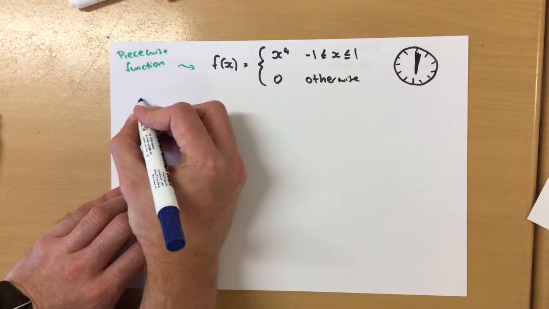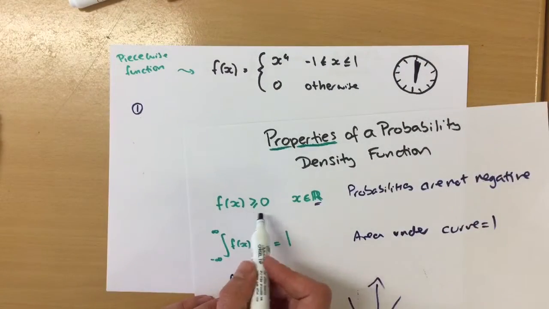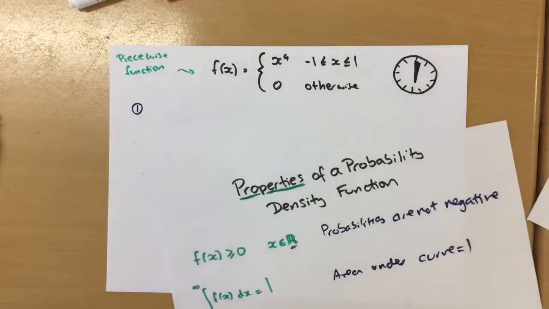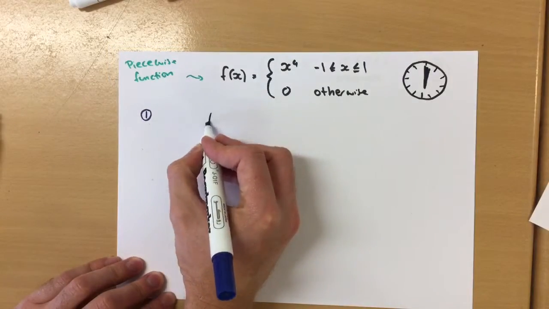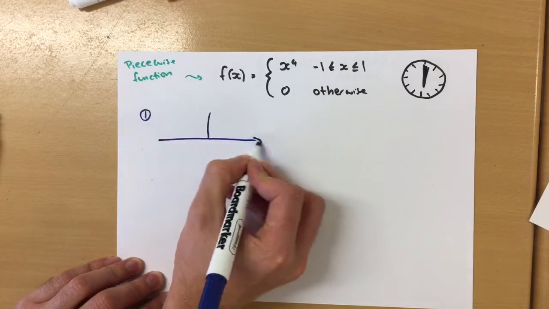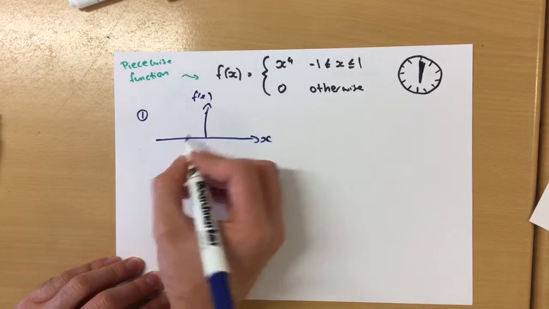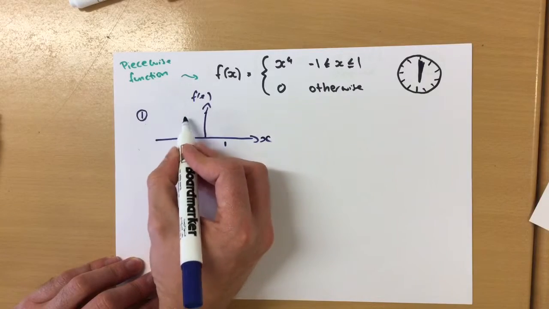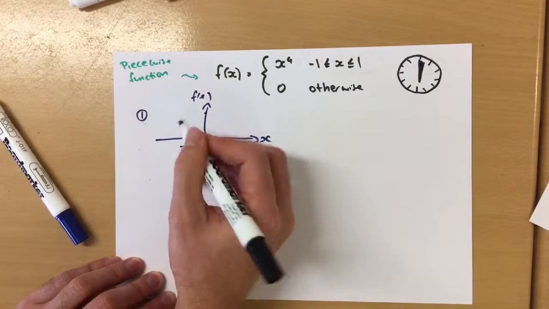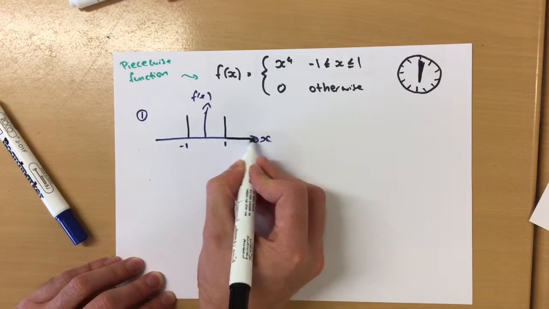Our first step is to check our first condition, that the graph doesn't go below 0. To do that, we can sketch it. There's our x, and between -1 and 1 we sketch the function, while either side of that, we're told it has a value of 0.